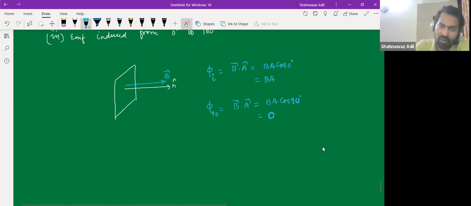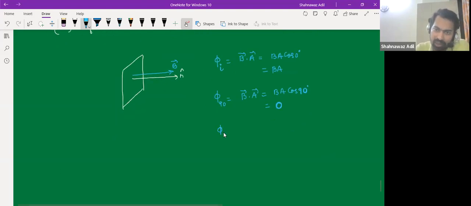Now when I rotate it by 180 degrees, what is the angle between B and A? 180, right? So this is minus B A. Okay, so I move 90, and then 180.